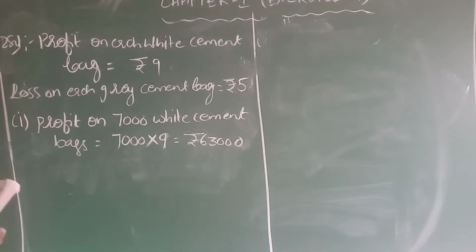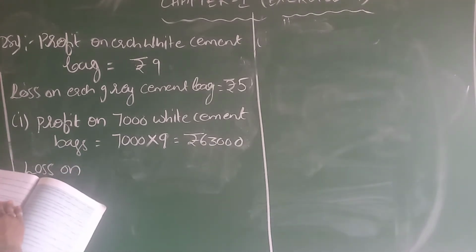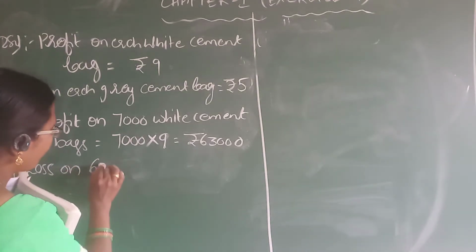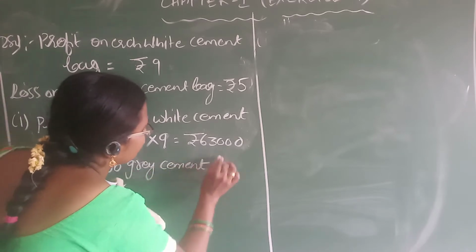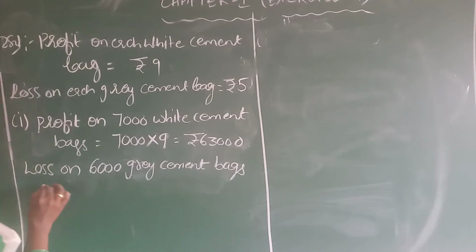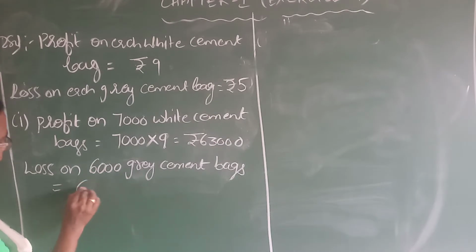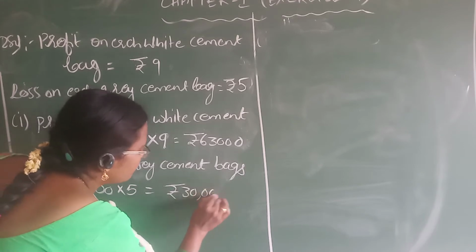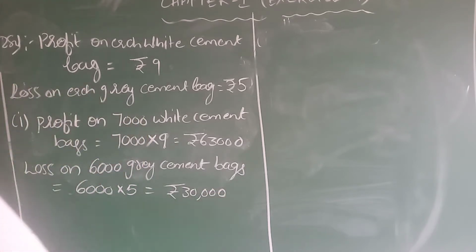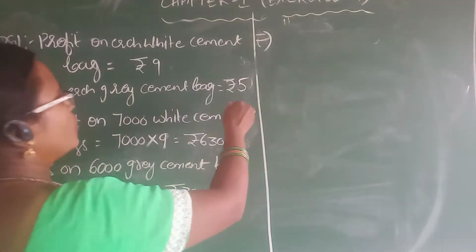And they are getting some loss, and loss on 6,000 grey cement bags is equal to 6,000 into 5 rupees, which is rupees 30,000. Overall, it implies here profit is more than loss.